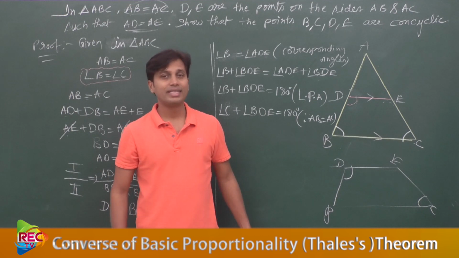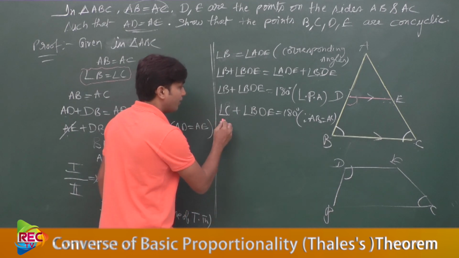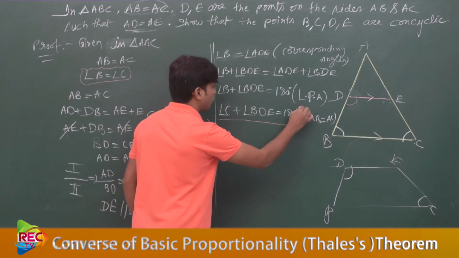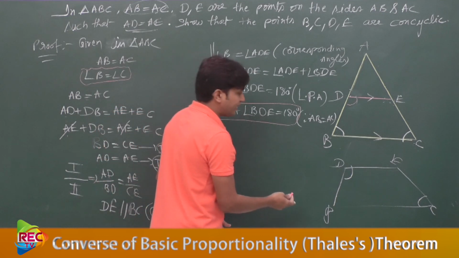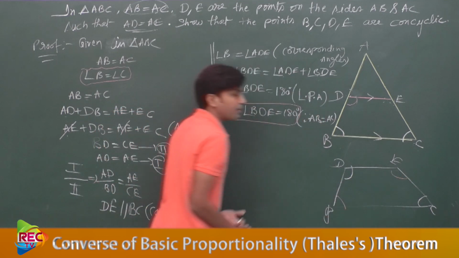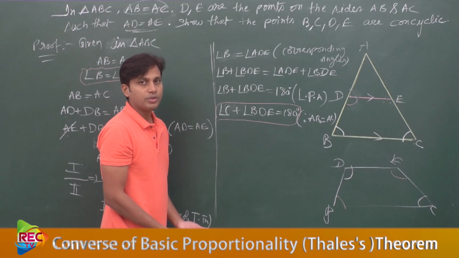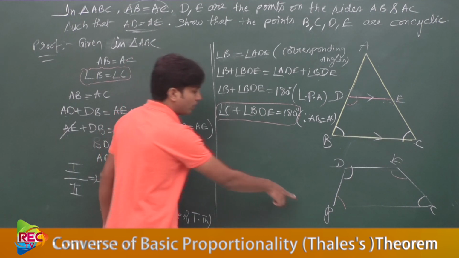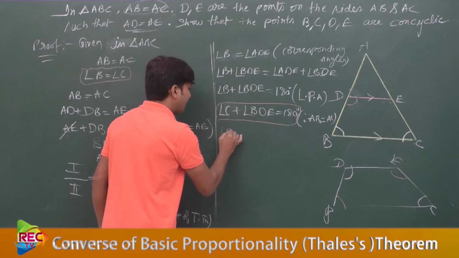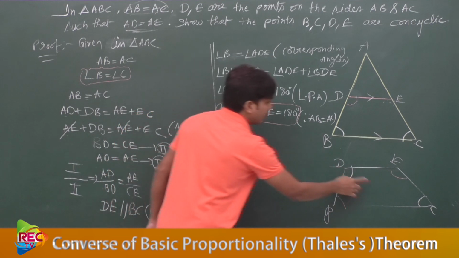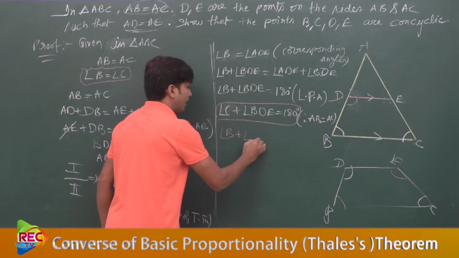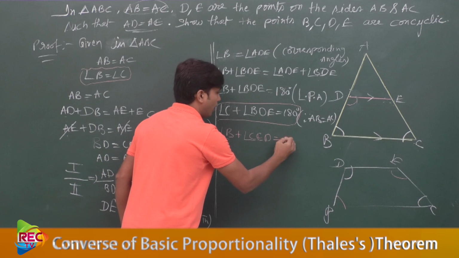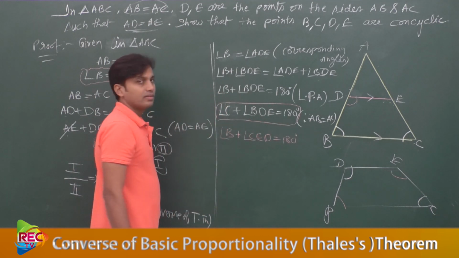Exactly. So when this property is holding, obviously the remaining two opposite angles will also be supplementary. What are those two remaining angles? Angle B plus angle CED also will be supplementary.